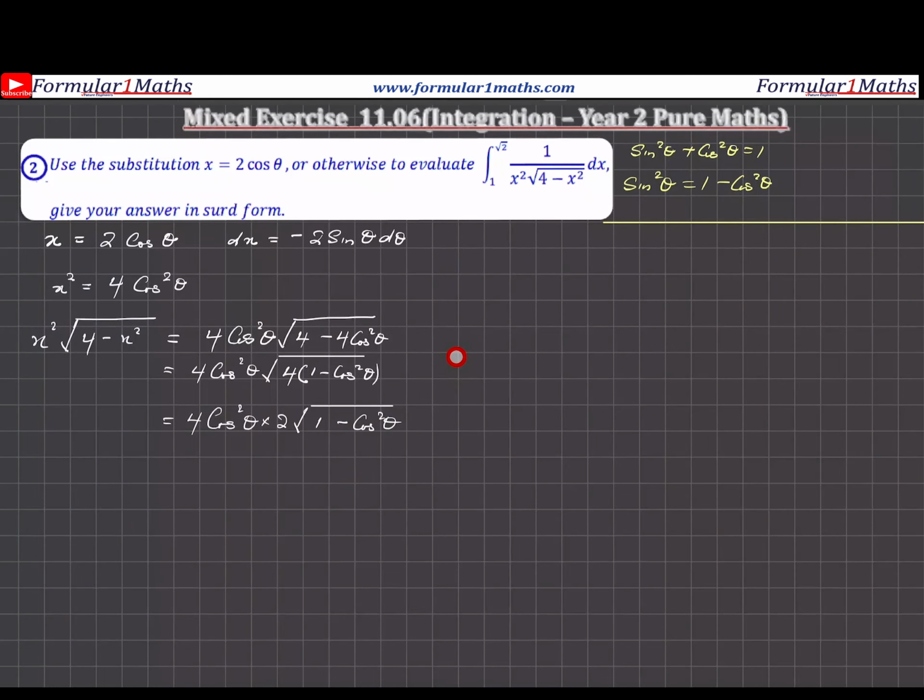So if I do that, I'm going to get 8 cos squared theta times the square root of sine squared theta. This means that the whole of that can be simplified to 8 cos squared theta times sine theta. So the whole of this denominator over here can be reduced to this.